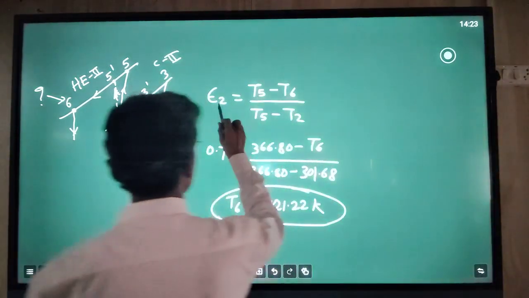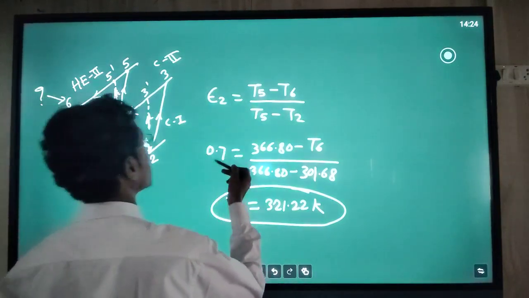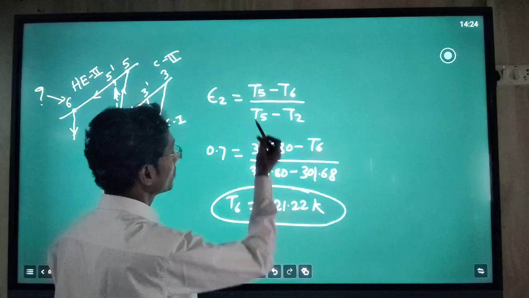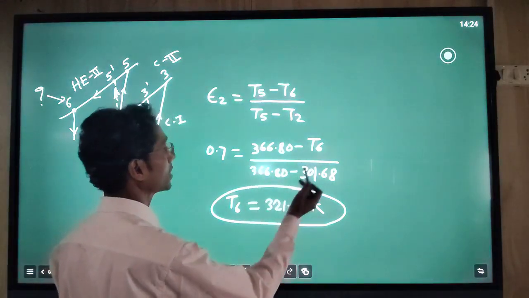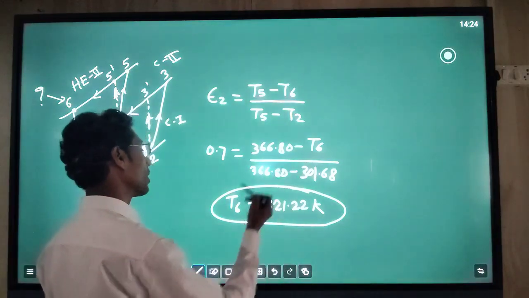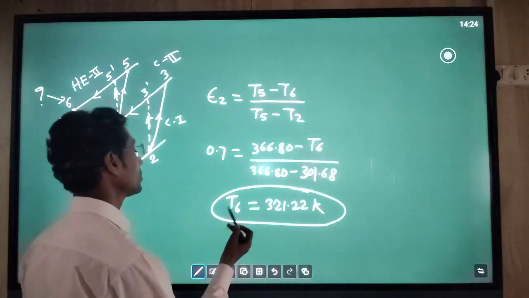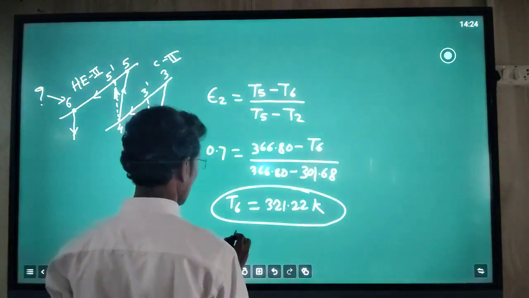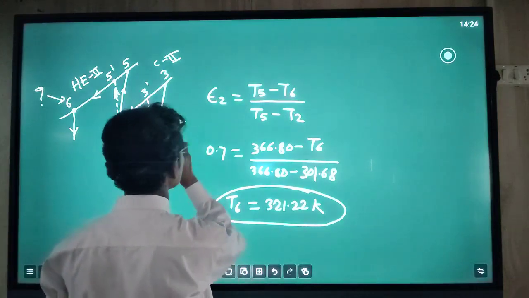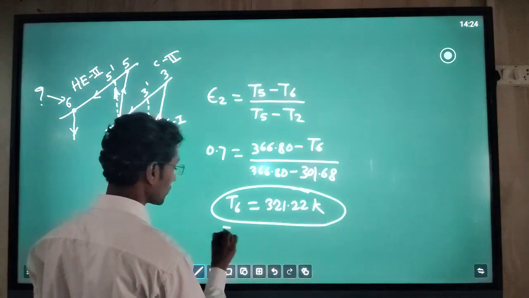Here the value of effectiveness for both heat exchangers is given as 0.7. Other values, T5 and T2, are already calculated. So we put in all the calculated values, and from the calculation we find T6. This point number 6 is the exit of the heat exchanger, or we can say the entry to the turbine.